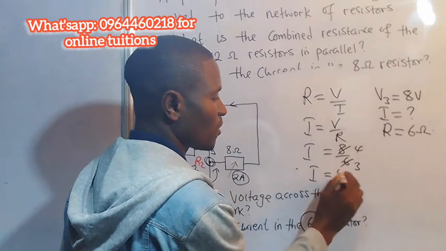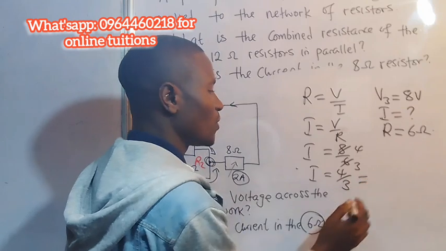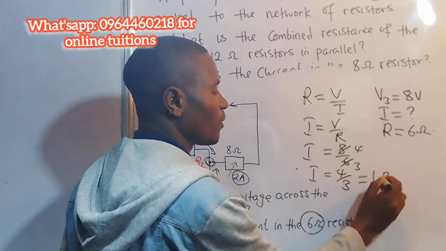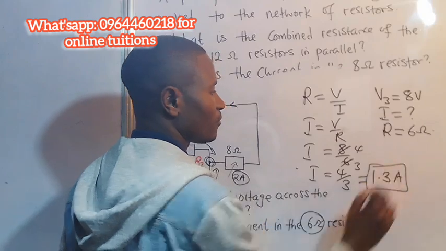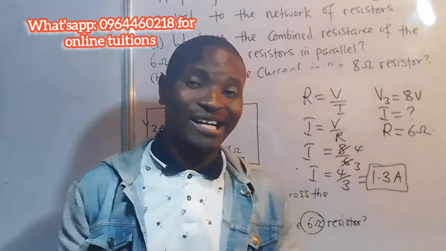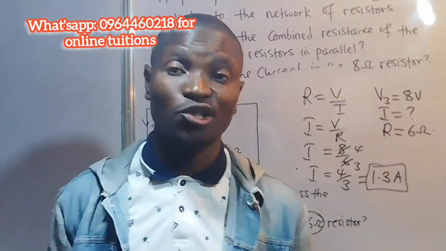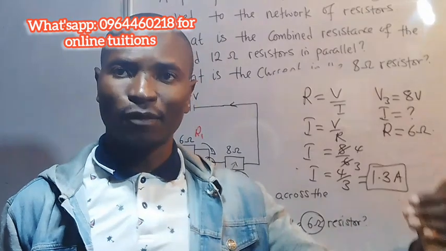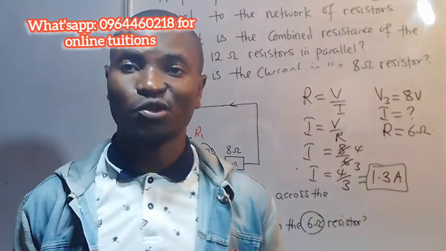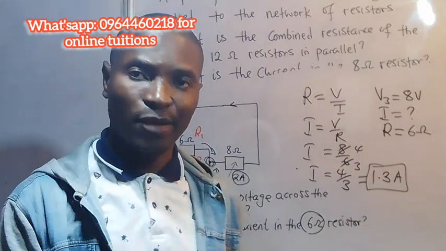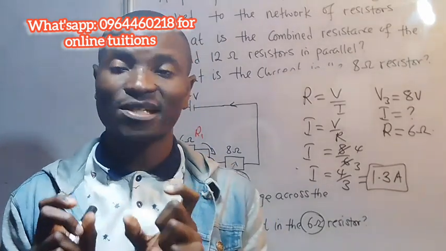So this is the same as saying 4 over 3, which is 1.3. Of course, I've rounded off the answer to 1.3. The number would just go 1.333. But the most important thing to understand is this: you have been able to find the current at the 6 ohm resistor.